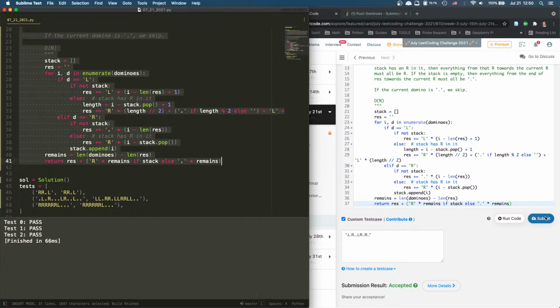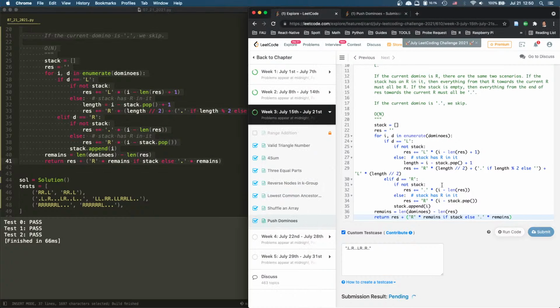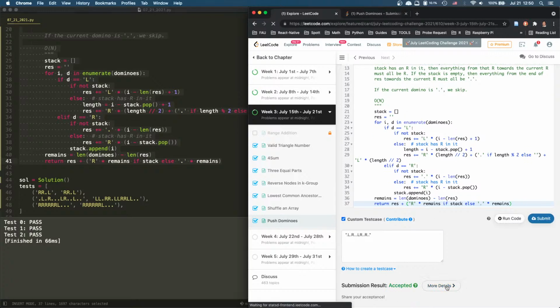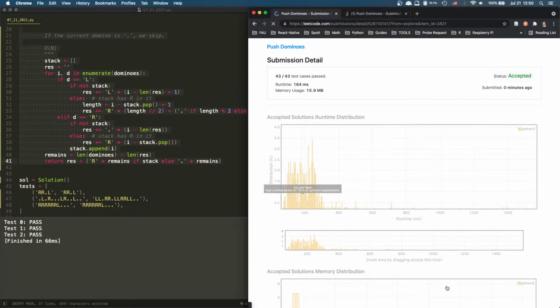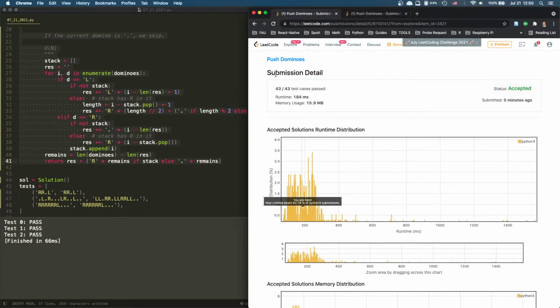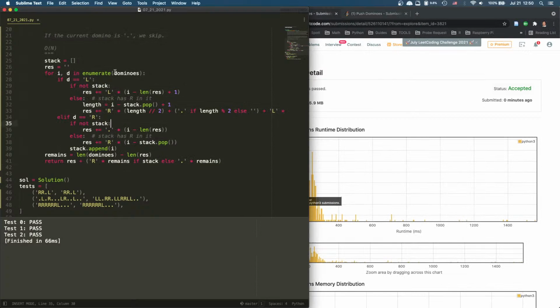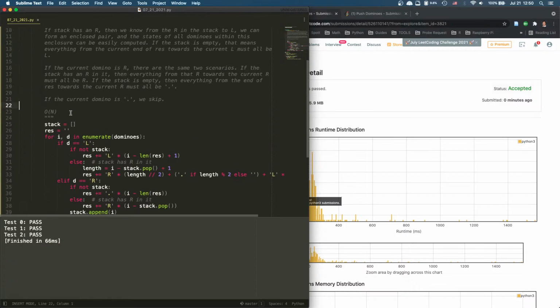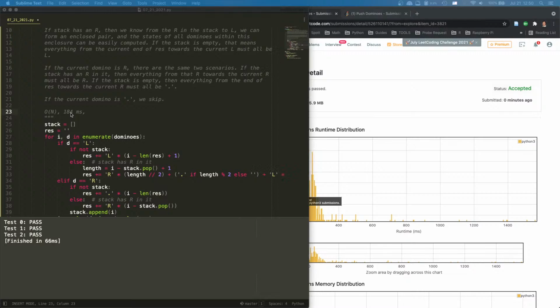I hope this one is actually going to be faster. Okay, this one gives us 184. See, instead of pushing a tuple, we're pushing a single value. That's much faster. So 184 milliseconds, which gives us 60%. All right, pretty happy.